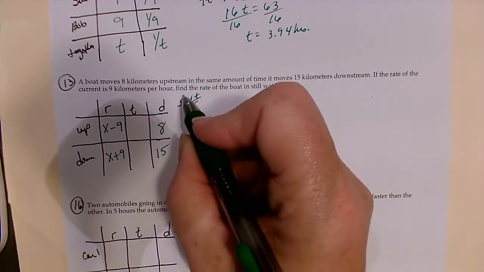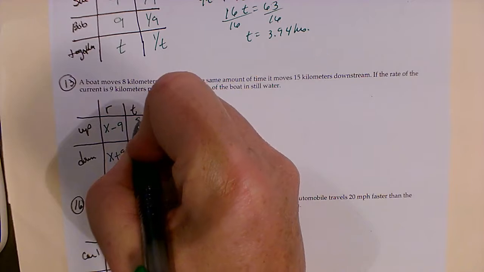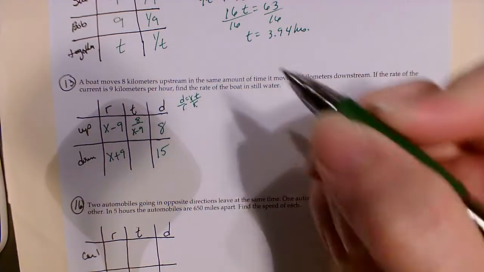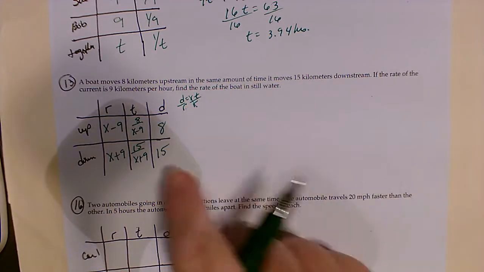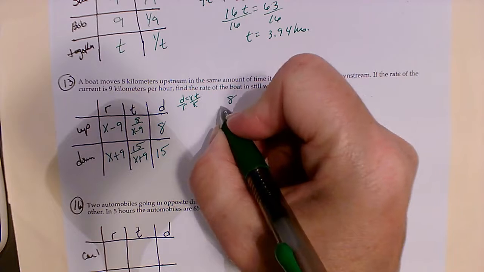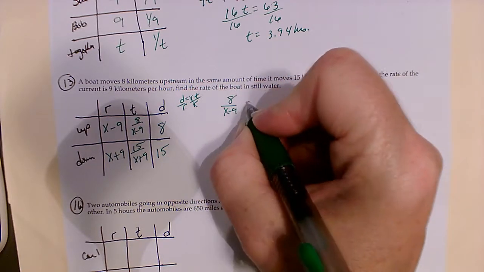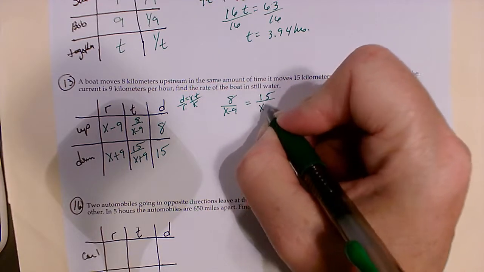So d divided by r will equal my t. So 8 divided by x minus 9, and 15 divided by x plus 9. It's the same amount of time, so we can set those equal to each other. So 8 over x minus 9 will be equal to 15 over x plus 9.